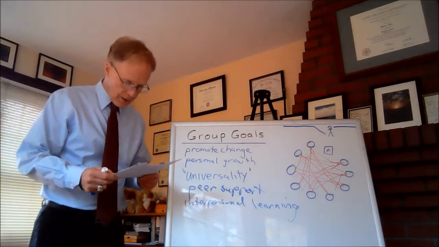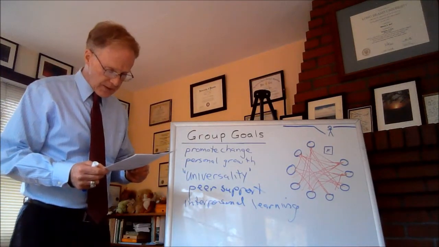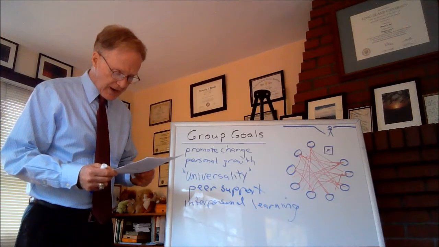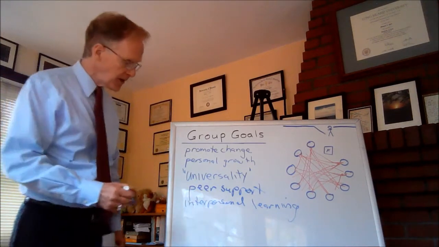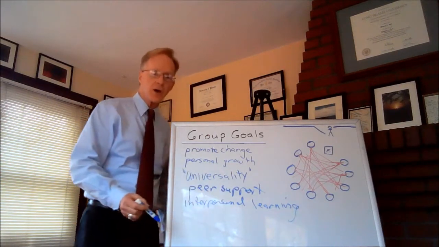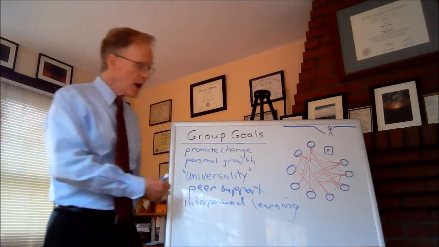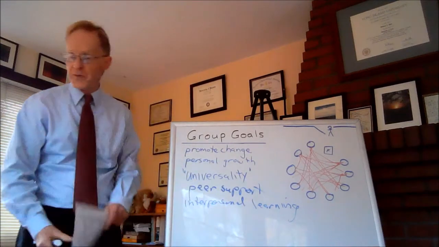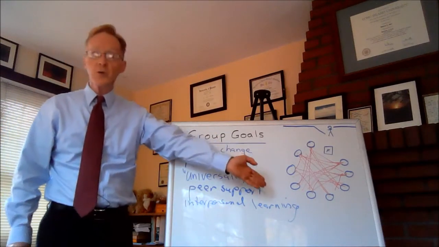Interpersonal learning. What did it say about the feelings there? Help them communicate their needs and feelings. So when it comes to communicating their feelings, and remember, we're looking to identify feelings.